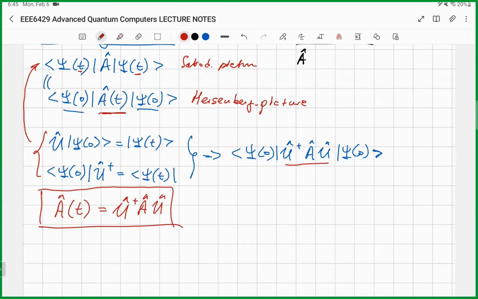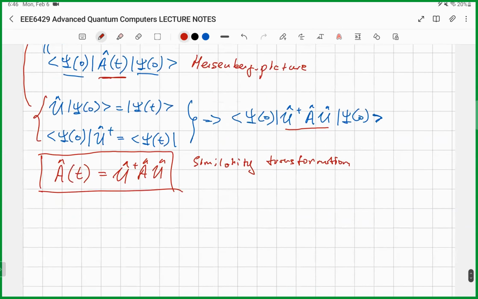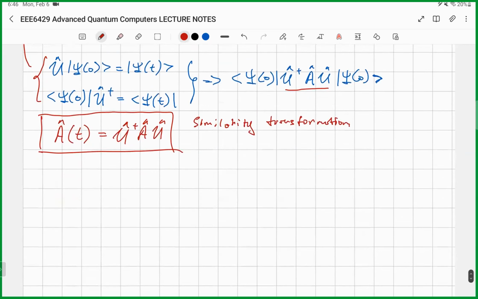The similarity transformation. Well, yeah, so the Schrodinger representation and the Heisenberg representation are completely equivalent.